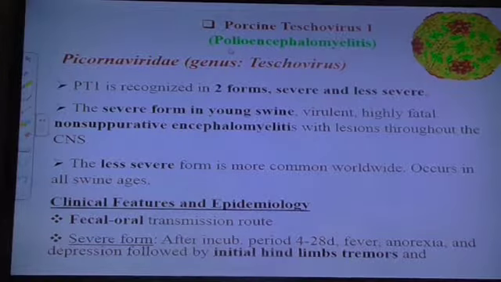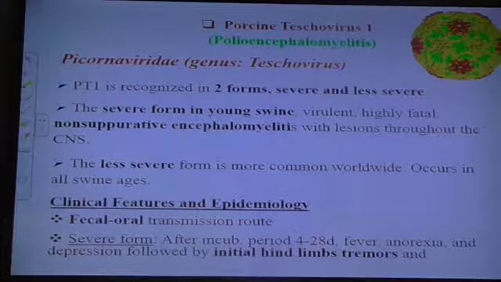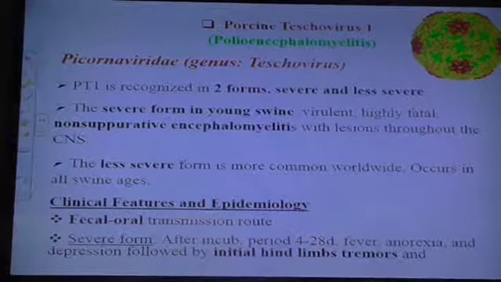It is because of the similarity to polio in humans, similarity of, if you want, clinical symptoms to human. And the encephalomyelitis involving both the brain and the spinal cord.